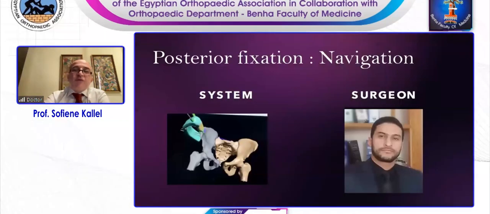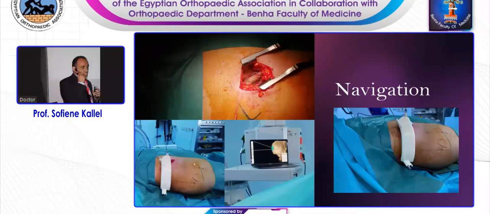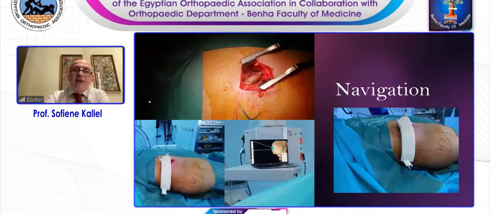There is a system developed by my friend, Dr. Mohammed Ben Saleh, using navigation, which was developed in Charles Nicolle Hospital here in Tunis. He developed a navigated system. Next slide. The proximal K wire is positioned almost 5 centimeters from the anterior superior iliac crest.